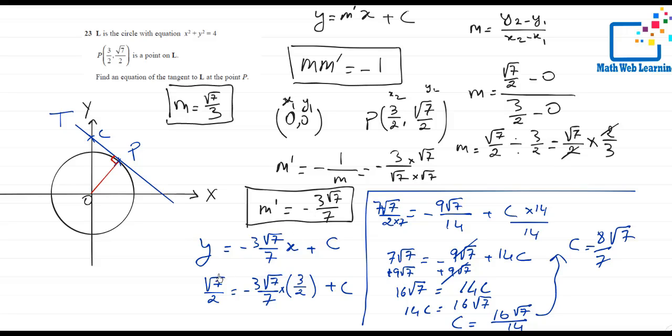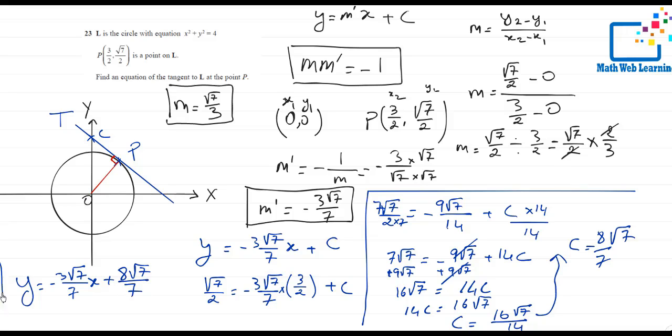All I have to do is find a room where to write my equation. All right, I'm going to write it down here. So the equation for the tangent: y is equal to, let's not forget, start with this one, minus 3 root 7 over 7 x, and it is a positive c, plus 8 root 7 over 7.